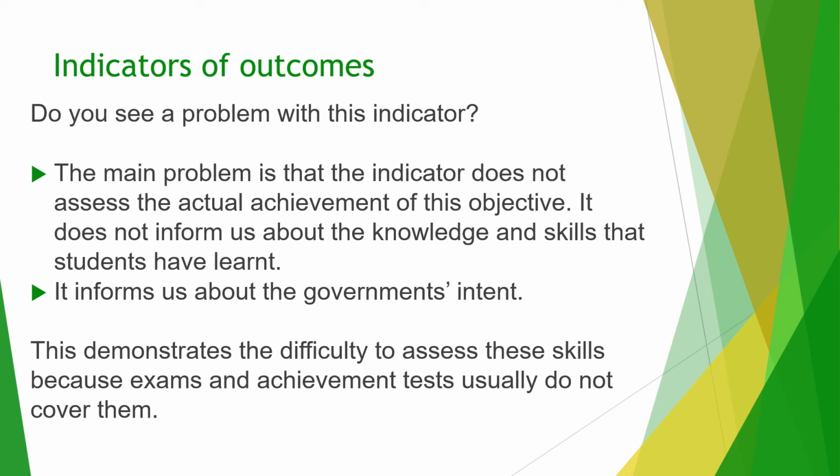But the domain that is more related to outcomes, related to students' attitudes and mastery of domains as fuzzy, if that's the right term, as gender equality, human rights, culture of peace and non-violence, is usually not assessed through examinations and tests.